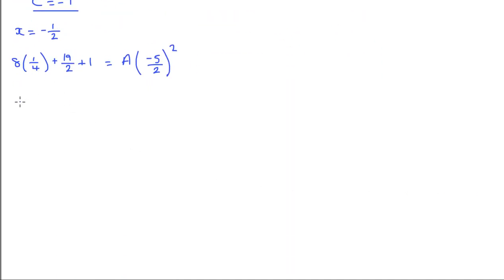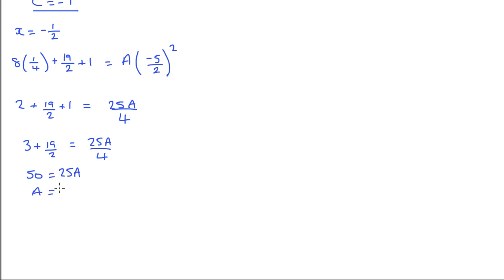So that's going to be 2 plus 19 over 2 plus 1. I could pick a calculator up at this moment, but I haven't got one with me. 25a over 4. That's the same as 3 plus 19 over 2 is equal to 25a over 4. I'm going to times everything by 4, so that's going to be 12 plus 38 is 50 equals 25a, so a is equal to 2.